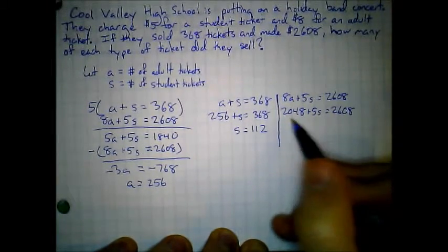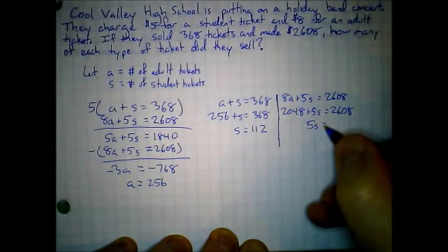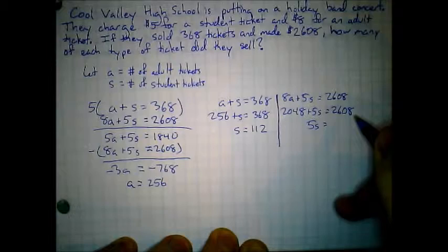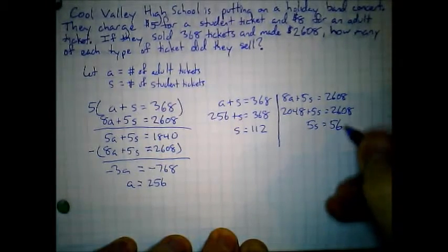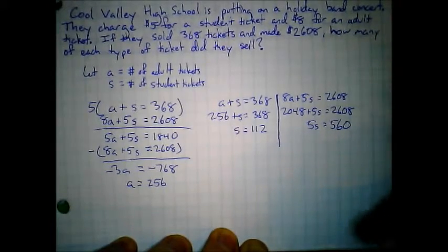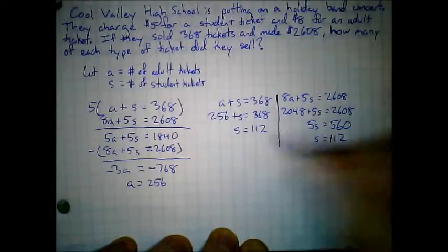So this means they got $2,048 from the adults. So we subtract that off of the total amount of money they got. So we have 5s equals 560. So this means they had $560 left over for the students. So we divide and we get s equals 112, exactly what we wanted to get.